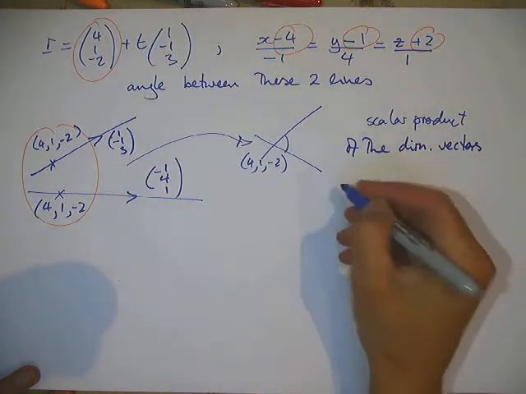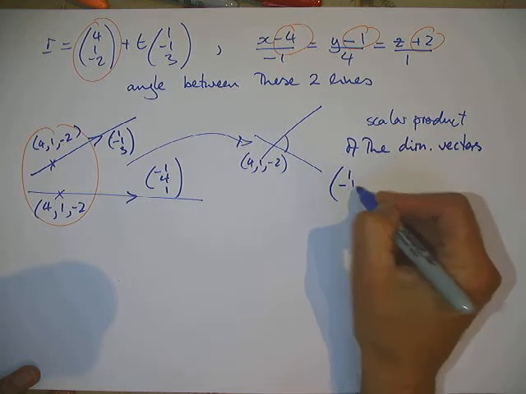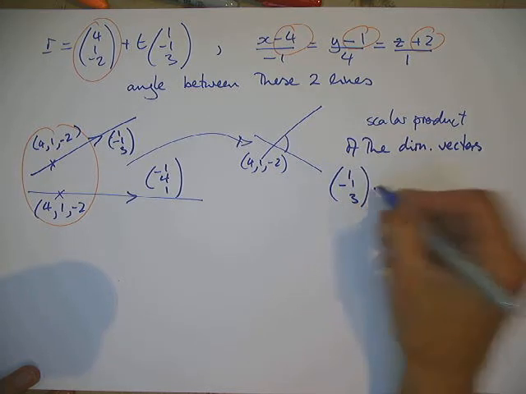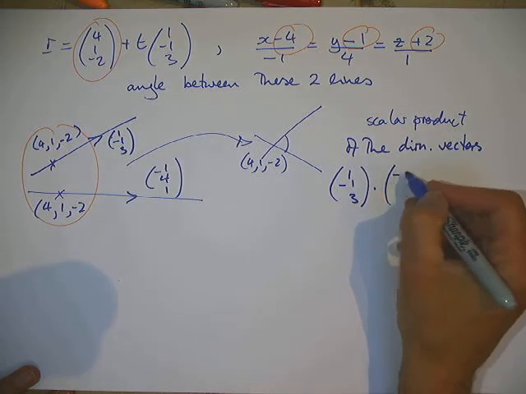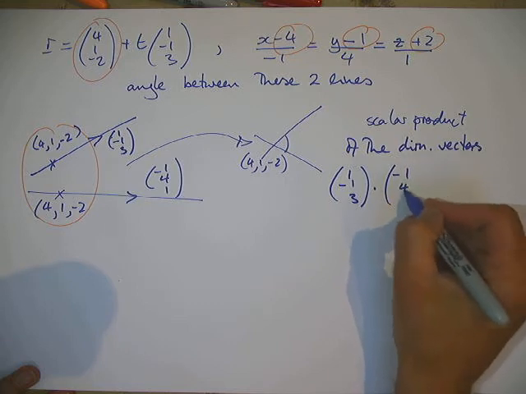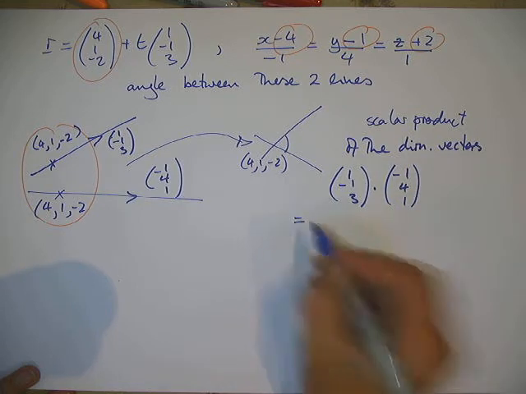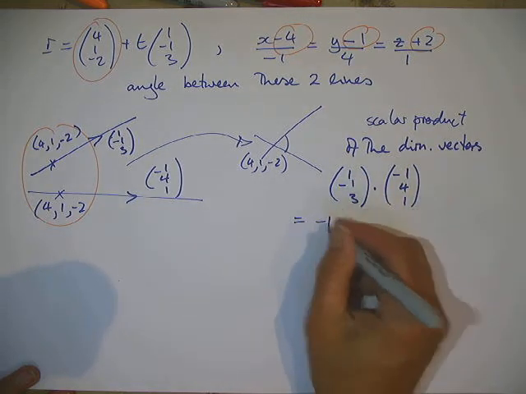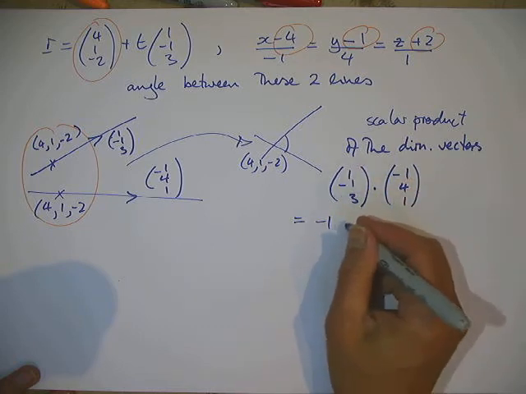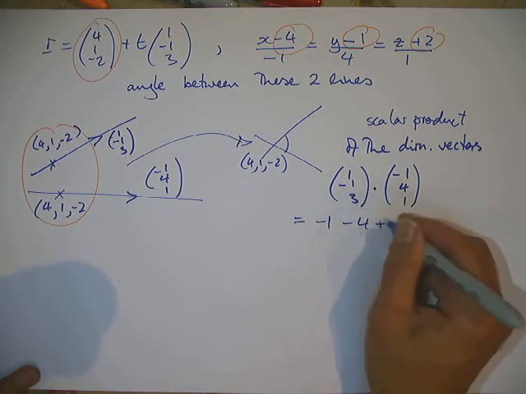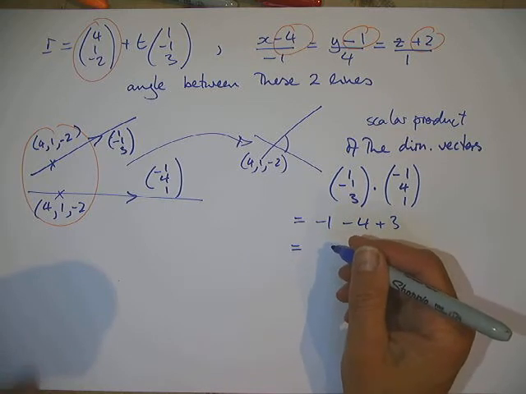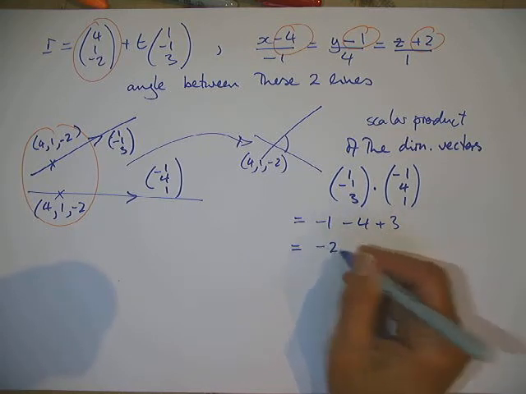So that's (1, -1, 3) dotted with (-1, 4, 1), which equals -1 - 4 + 3, equals -2.